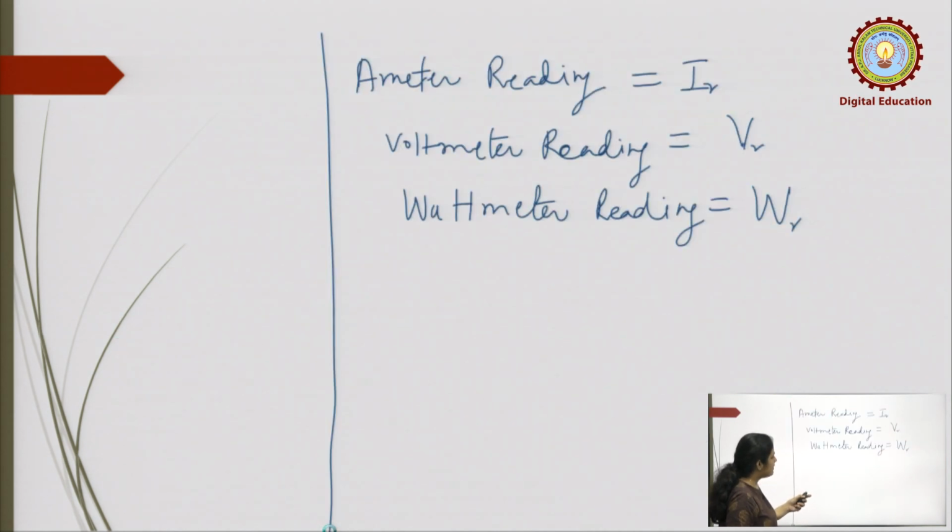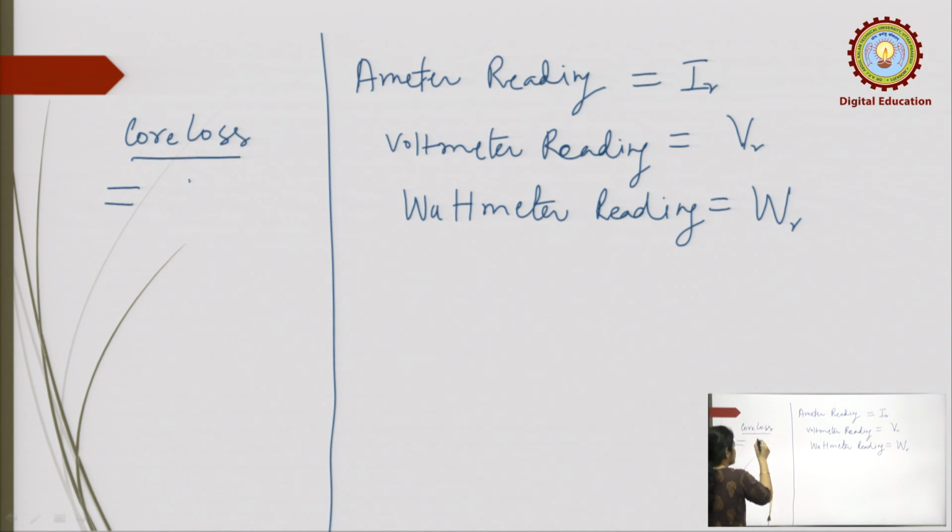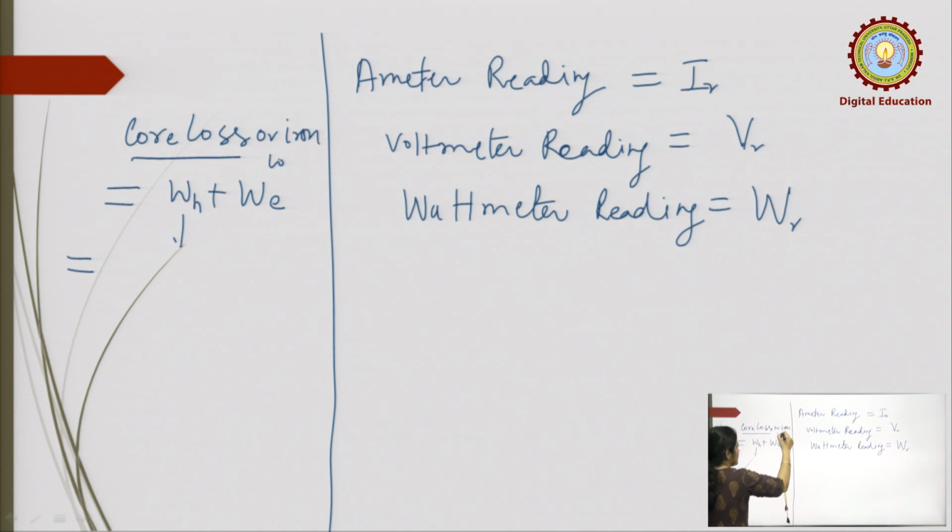So, if it is performed at a very reduced voltage, the core losses, as we saw in the previous class, core loss is the hysteresis loss plus the eddy current loss, or you can say it is iron loss, both are same.